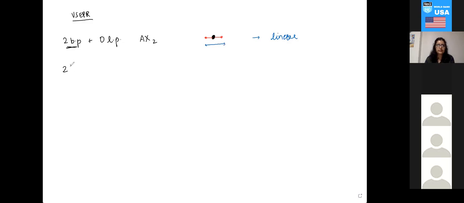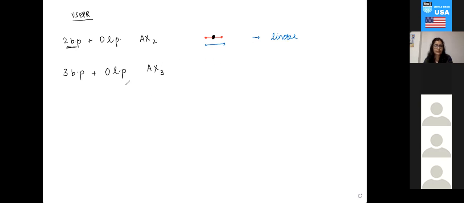This time we have 3 bond pairs and no lone pairs. So 3 bond pairs means the central atom is bonded to 3 different atoms.